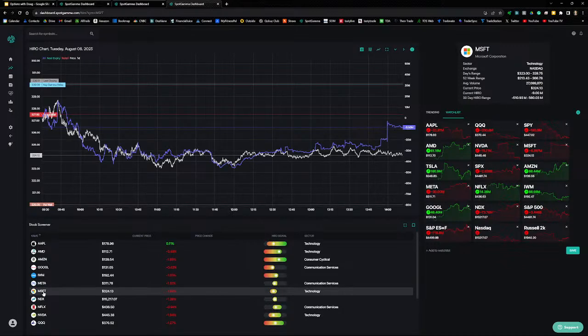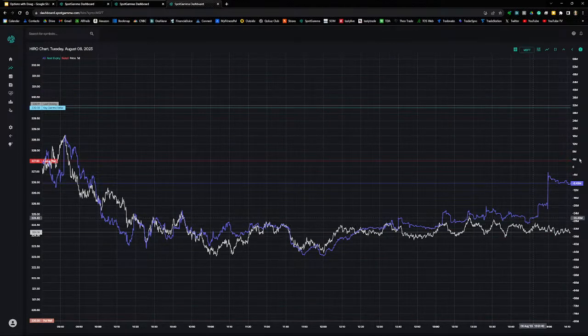All right, Microsoft, also confirmation short. Strong correlation between options trades, hedging flow, and price action.